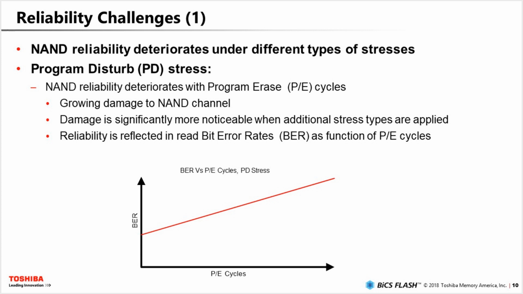And as a result, you will be able to see noticeable additional errors as the NAND device's cycles progress. This damage is much more apparent when additional stress is applied, for example, retention and so forth, or read disturb. But still, even without additional stress, it is noticeable. For example, if we look at a chart of the P cycles and the bit error rate when we read the NAND data, we see a growing curve of the bit error rate as a function of P cycles.